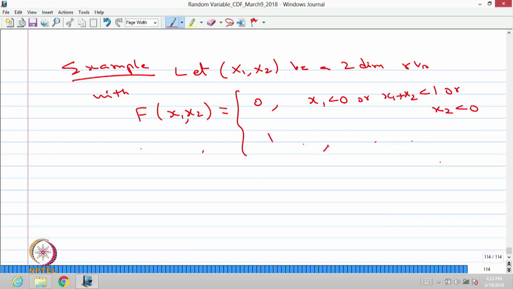It takes the value 1 otherwise. Verify whether the capital F is the CDF of a two-dimensional random variable.